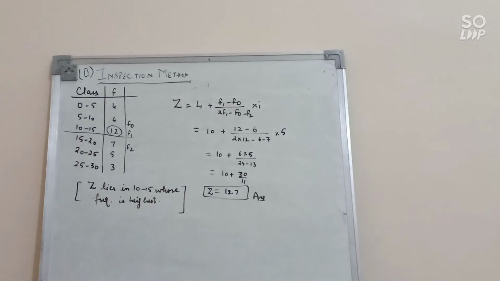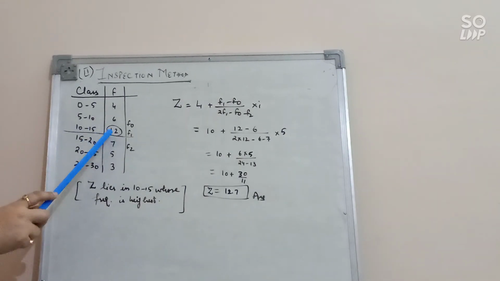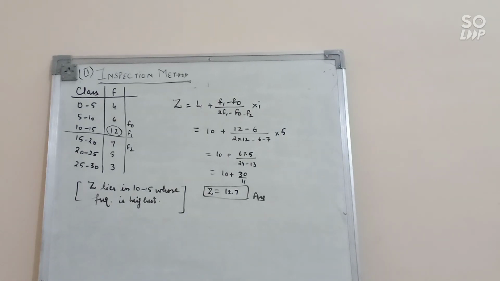It means if the highest frequency is 12 and suppose here second highest frequency is 10, then in that case you cannot use inspection method. So in this case, even if the method is not given, you cannot use inspection method. You will use grouping method because the gap between highest and second highest is very less. So the answer calculated with the grouping method is more reliable than the inspection method.